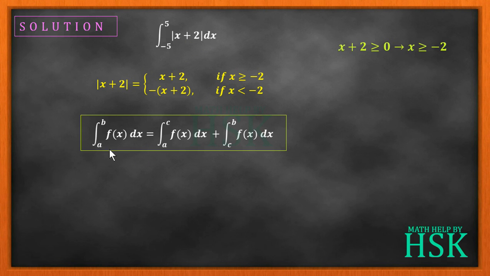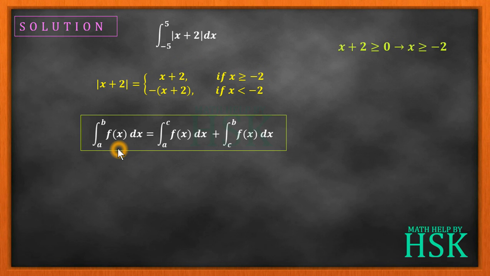For this we are going to apply the property of the integral of f(x) dx from a to b. This property is only available when the function is continuous in the interval a to b. Now the modulus function, as we have been given in this case, is continuous for all real numbers, but it is non-differentiable at x equal to -2.